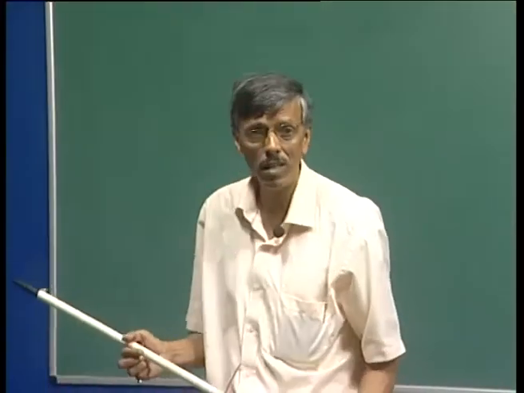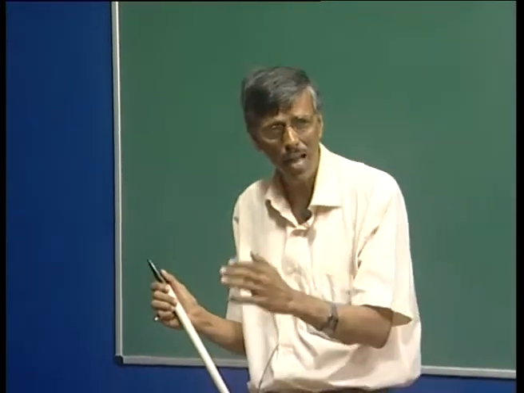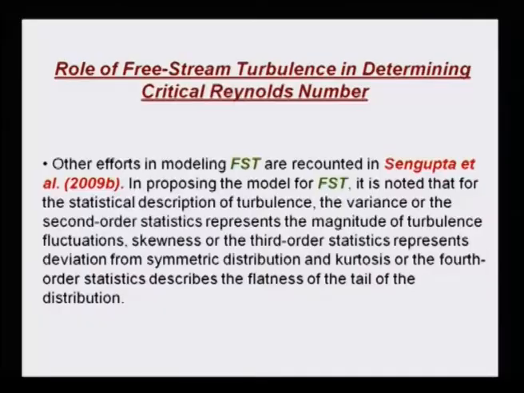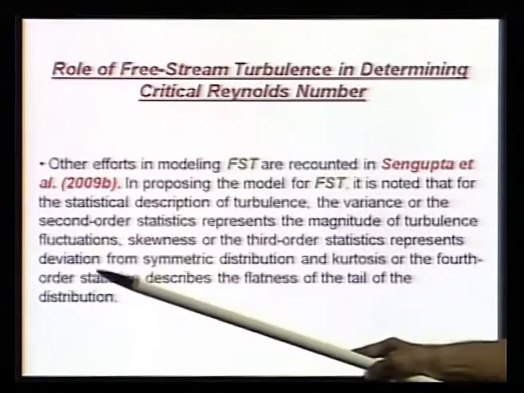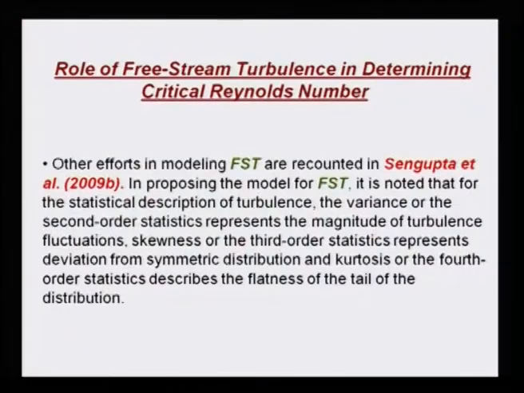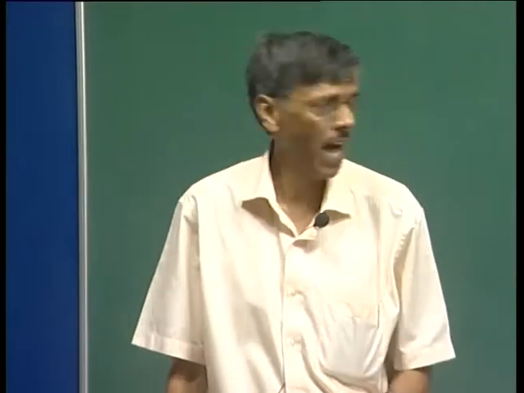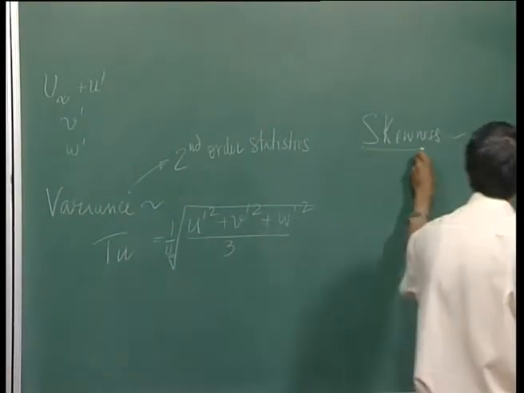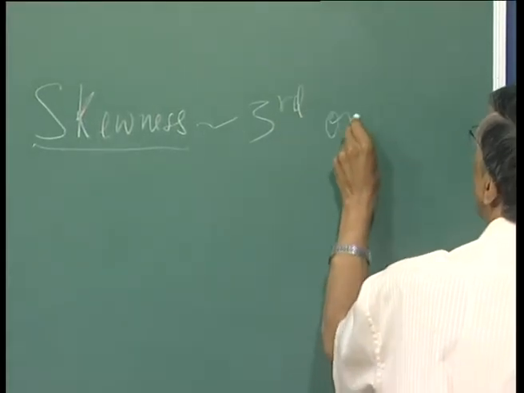However, it does not remain so. As I told you, there is a distinct bias because of the design of the tunnel. So, that is what the skewness basically represents. The skewness represents a deviation from the symmetric distribution. So, my PDF is not symmetric, it is asymmetric, and that is given by the skewness. So, this is your third order statistics.